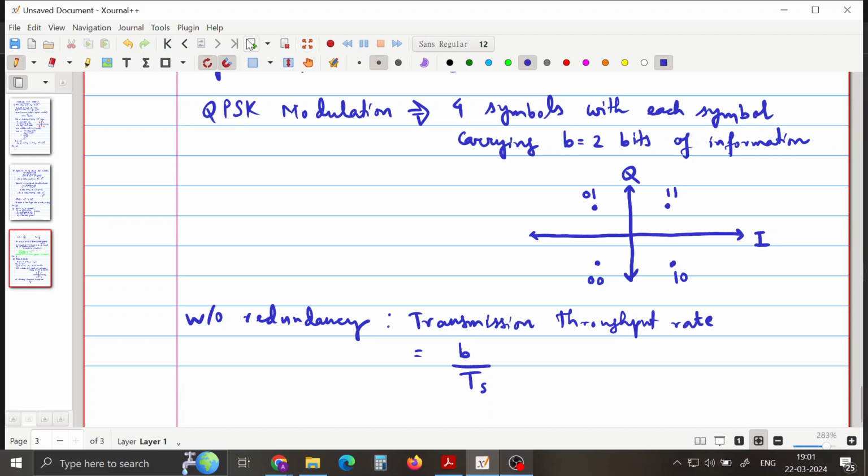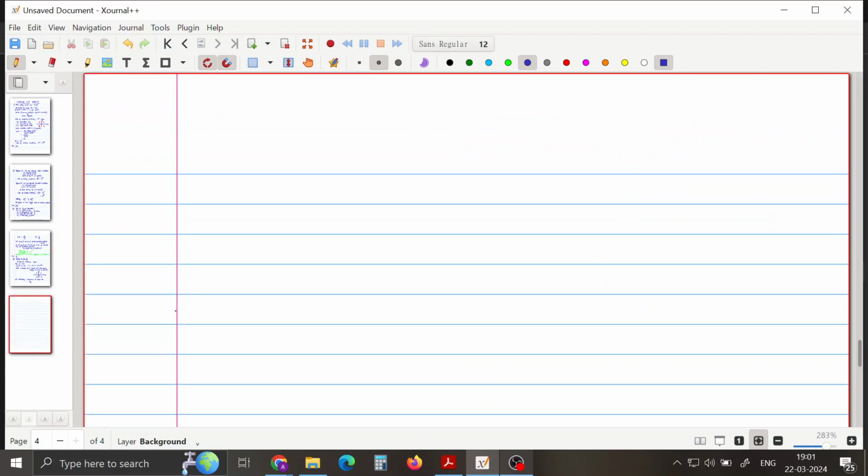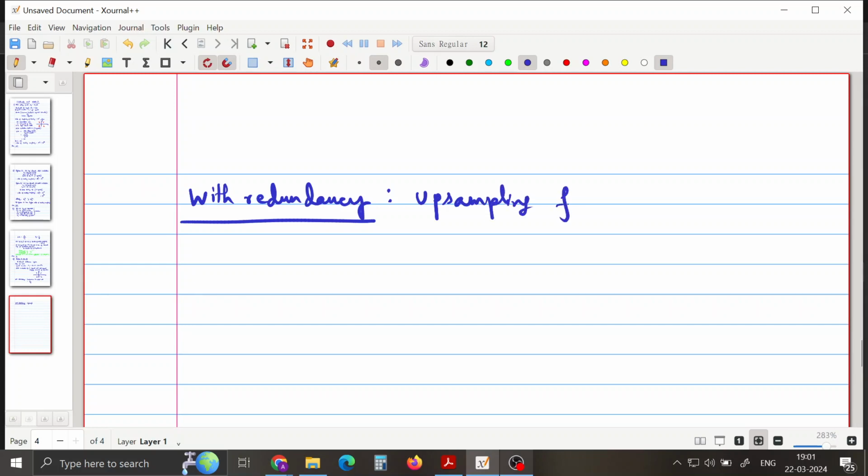Okay. Let me go to the next page. Now what happens with redundancy? That's what we are interested in. With redundancy. Now if we have these upsamplers of factor 1024, that is if we have 24 redundant samples, so with the redundancy, which is given in the question, my upsampling factor is, in the lectures it was denoted by capital N, so I'll stick to that notation.